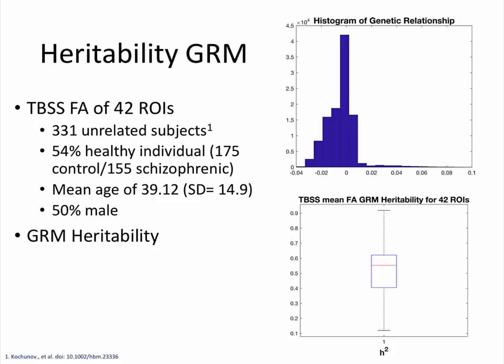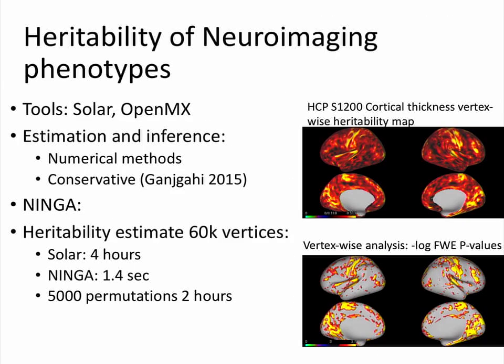What you are seeing here is the vertex-wise heritability estimates of S1200 cortical thickness of the HCP. If you want to use SOLAR to get this map, you need to wait for 4 hours. On the other hand, Ninja does the same analysis in 1.4 seconds. And to get the FWE corrected vertex-wise analysis with 5,000 permutations, Ninja can give you this map in 2 hours.